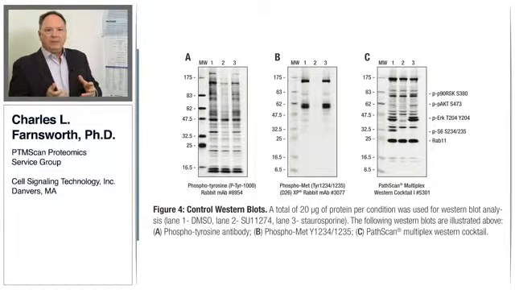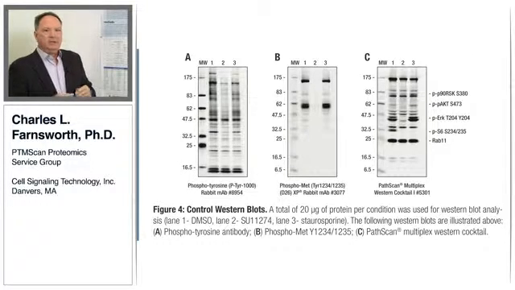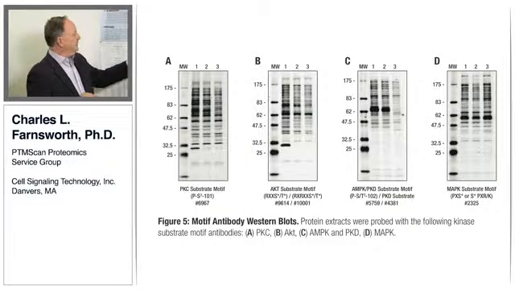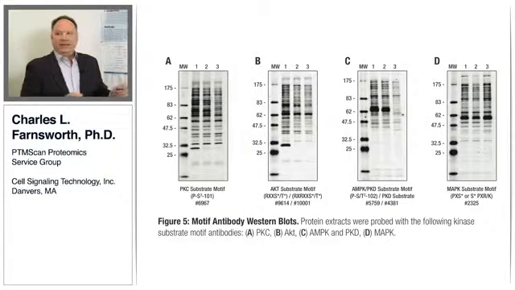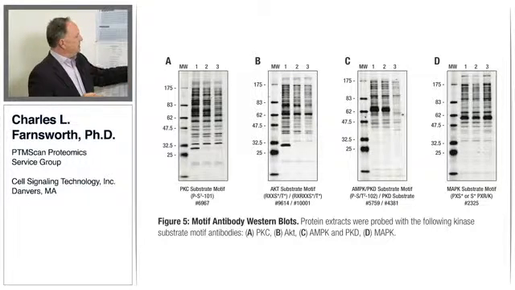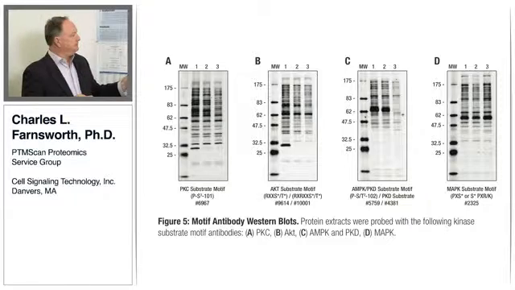Now, the phosphospecific antibodies that we're using can also be used for Western blotting. And in the next figure, I'll show you some specific results using the same antibodies we used in peptide capture. So for example, in Figure 5, we can see in panel A, the PKC substrate motif antibody shows a significant reduction primarily in the staurosporin treatment.